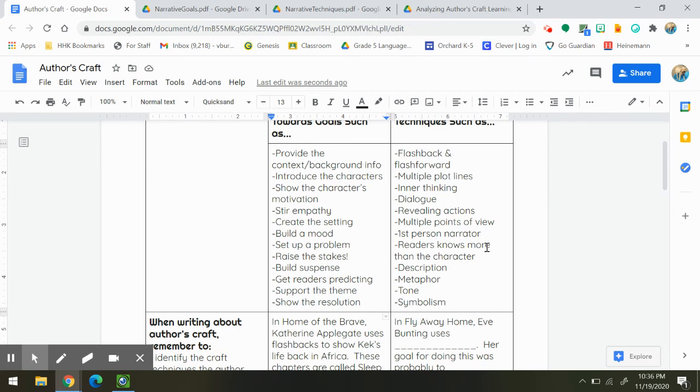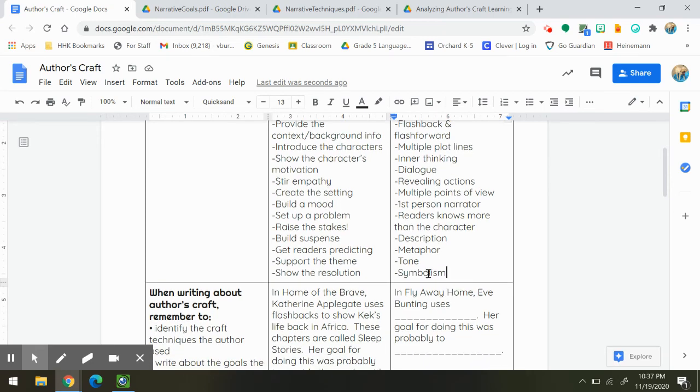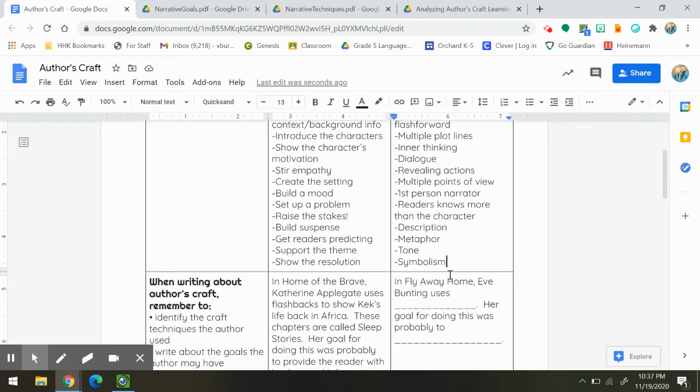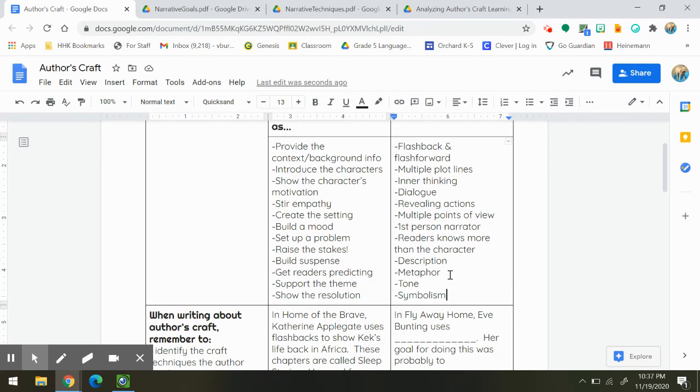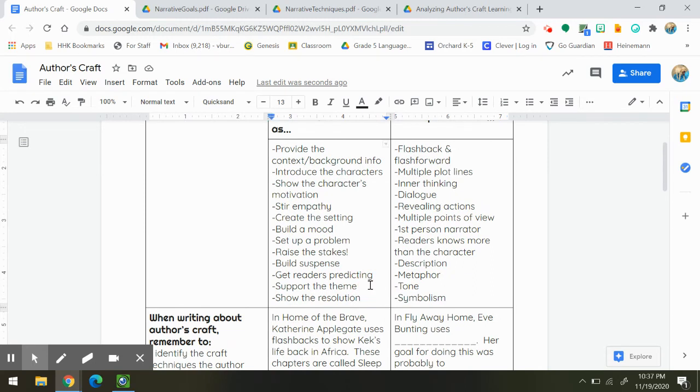Okay. So, readers, you may have thought about the fact that she uses symbolism, right? She has the bird be a symbol of never losing hope, right? And this really could support the goal of supporting the theme, right?